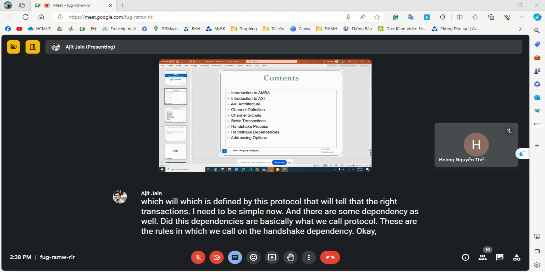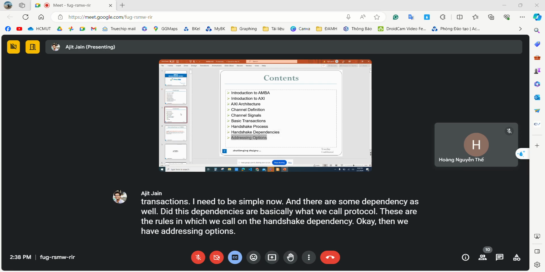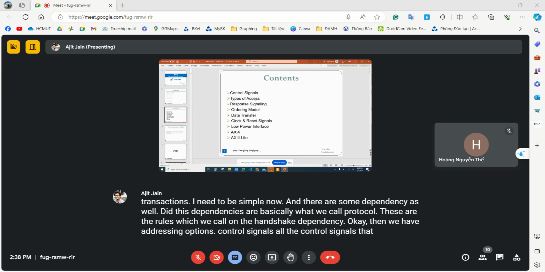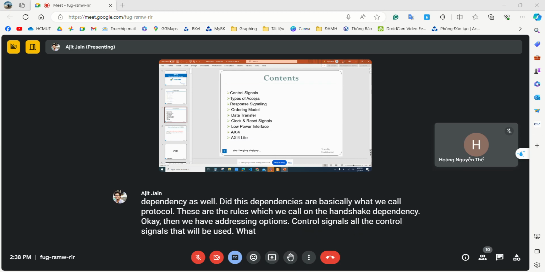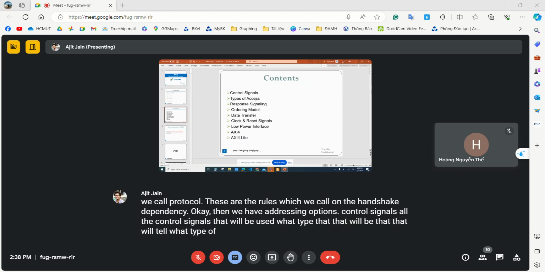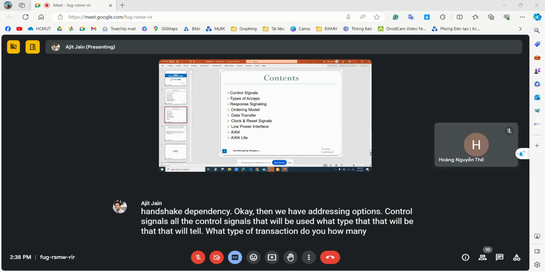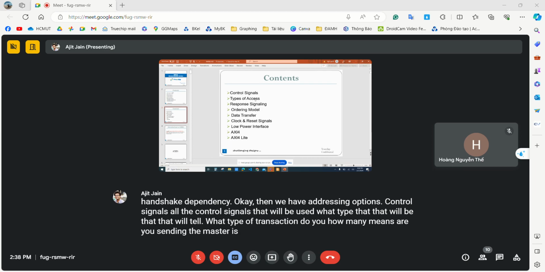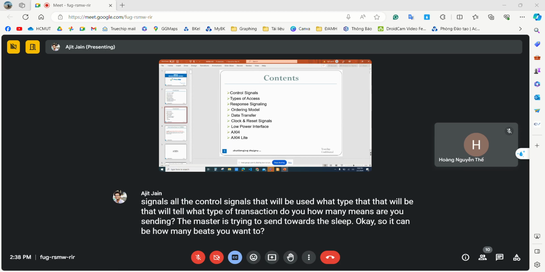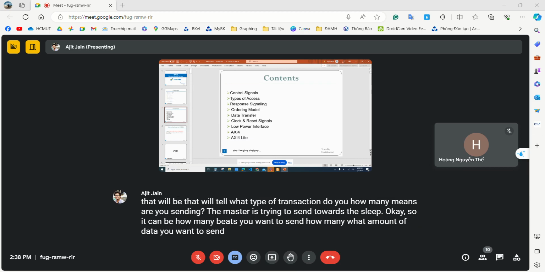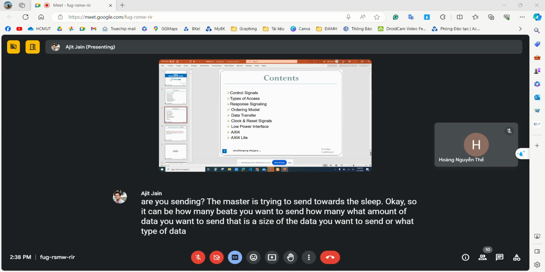Then we have addressing options and control signals, all the control signals that will be used. These tell what type of transaction the master is trying to send towards the slave: how many beats you want to send, what amount of data you want to send, that is the size of the data, or what type of bus it is.